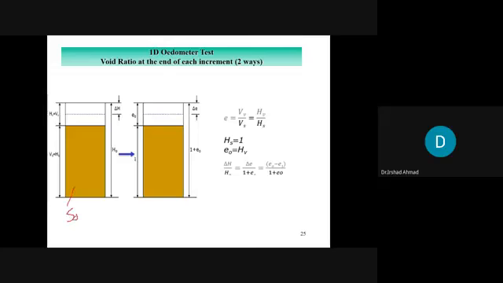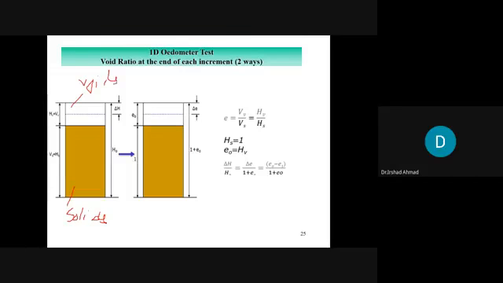These are soil solids. And this part is voids, which are filled with water in the case of saturated soil, and we are discussing saturated soil.